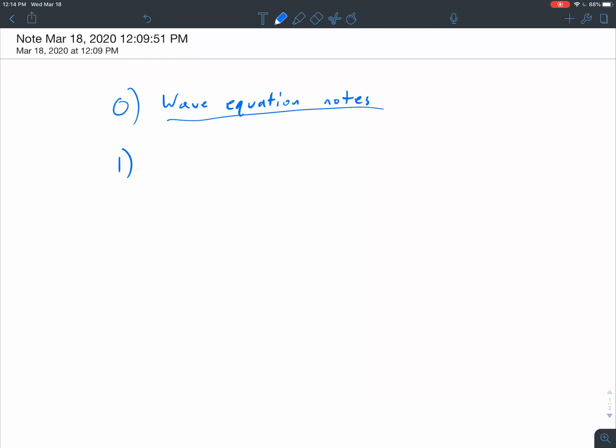The first thing we'll go over is basic simple harmonic motion variables and their relations. Again, you can read that in the notes. Next thing I want to do is talk about a vertical spring mass system.